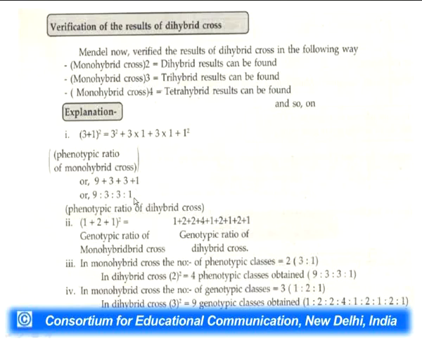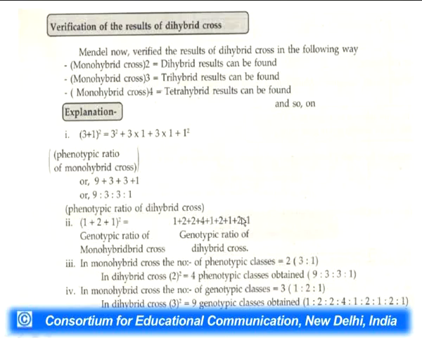So, this ratio of a dihybrid F2 is nothing but monohybrid into monohybrid, that is, monohybrid square. Likewise, the genotypic ratio of the F2 in a monohybrid was 1 is to 2 is to 1.